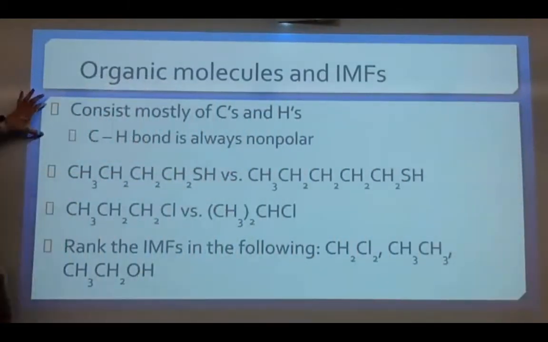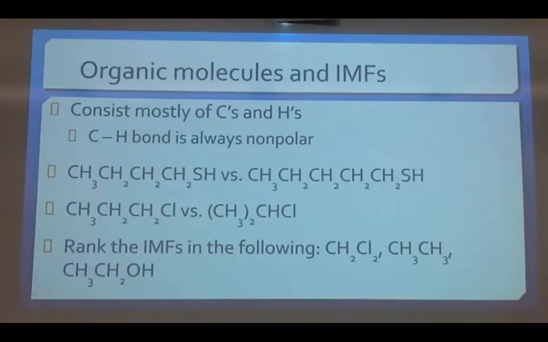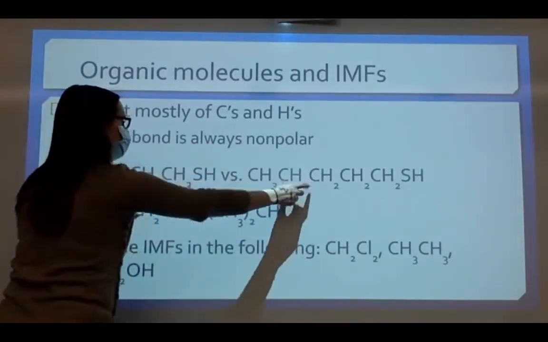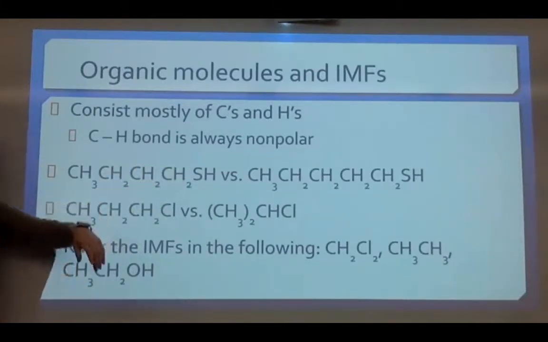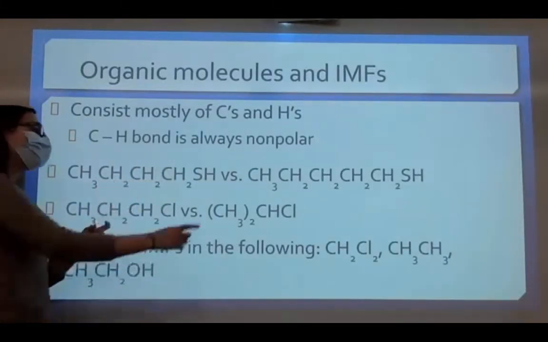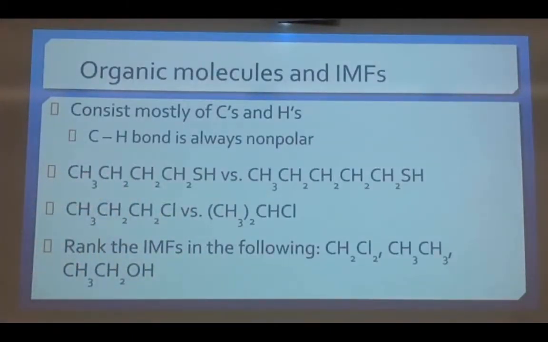If a molecule that you look at consists mostly of C's and H's, remember that C's and H's are always nonpolar. Nonpolar substances result in dispersion forces. If we have large molecules, like these two molecules here, lots of C's and H's, and then we have a sulfur and a hydrogen on the end, there are so many C's and H's that dispersion forces are going to play a larger role.